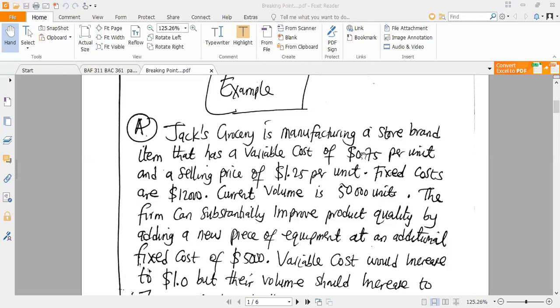Straight away, when you subtract these two, the selling price per unit and the variable cost per unit, it gives you what we call contribution per unit. Fixed costs are $12,000. And Jack's Grocery current volume is 50,000 units.